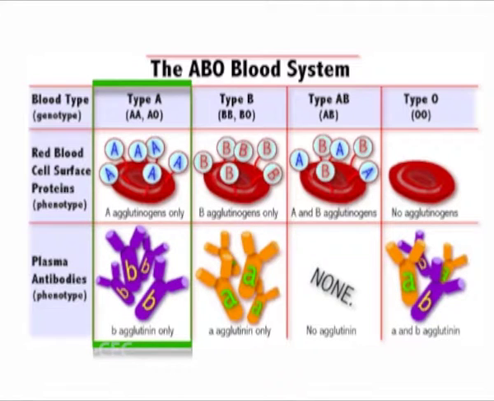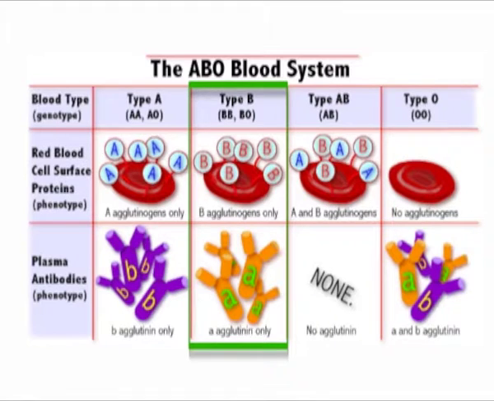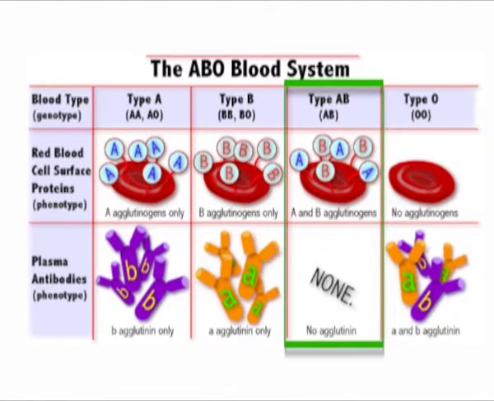A person having blood group A has antigen A in RBC and antibody B in plasma, while a person belonging to blood group B has antigen B in RBC and antibody A in plasma. In blood group AB, both antigen A and B are present in RBC, but there are no antibodies in plasma.